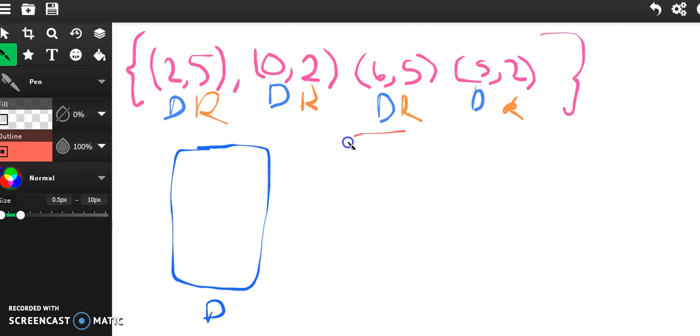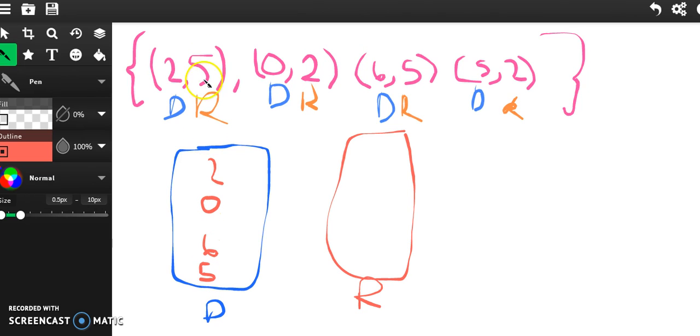This is our range values. And I'm going to write each of the domain values. You have 2, 0, 6, and 5. Let's go to range values. You have 5, 2, 5, and 2. So basically we have 2 range values, 5 and 2. So now let's pair them.